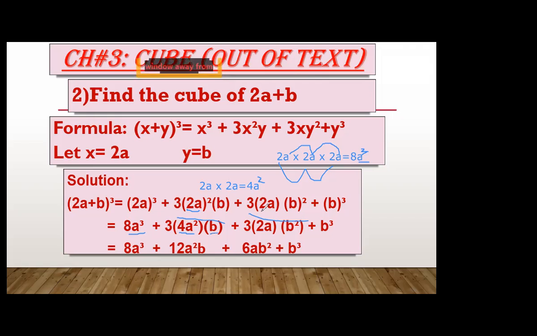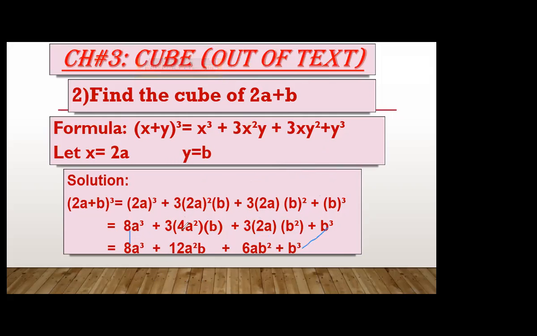Now in the third term we get 3 and 2a as it is. B whole square means b is multiplying twice, we get b square, and here we get b cube. Clear everybody? Now bete, 8a cube and b cube, the first and the last term, are already solved by us.